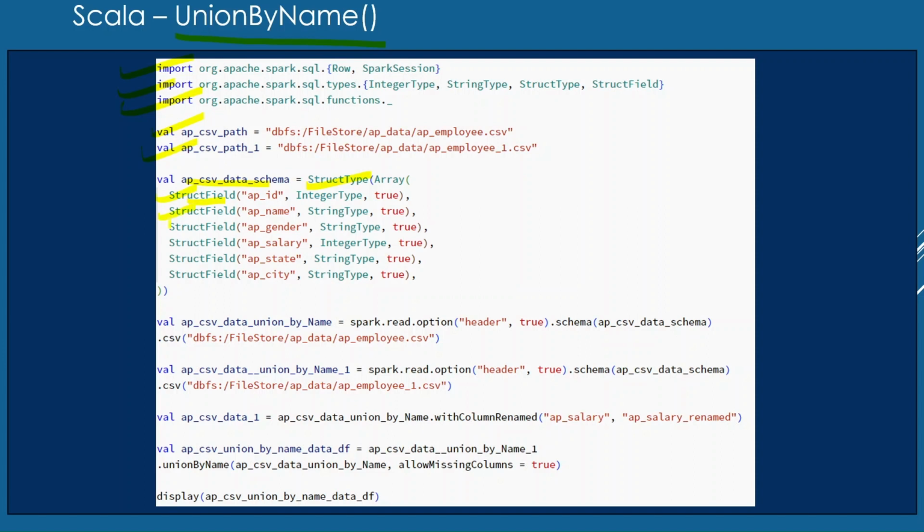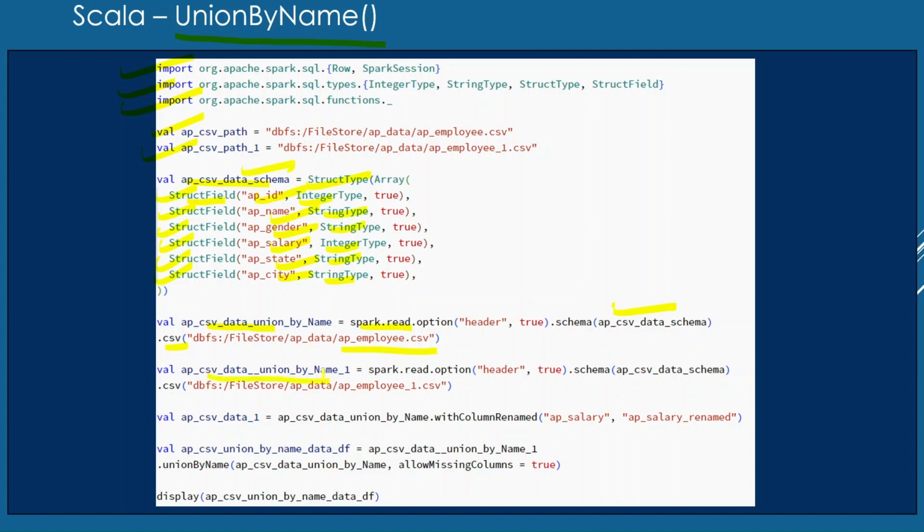I have created six columns and their data types with StructField. Here I am reading this CSV file to create this data frame with spark.read.csv, using the custom schema which we have created here.